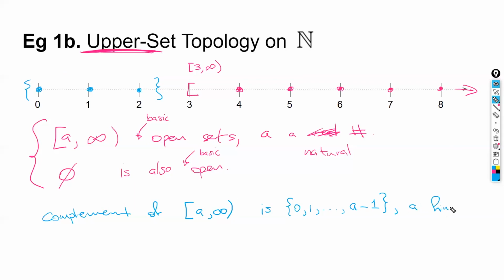And this is always a finite set. So this actually motivates my next example. What if what we really care about is not the fact that our open sets are actually intervals of this form, but actually just that the complement of every open set is finite.